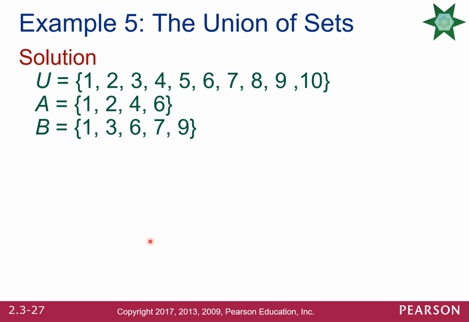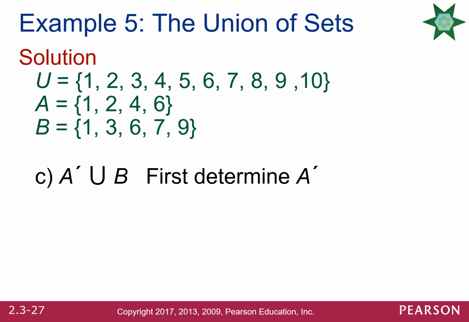Now for part C of the problem, which was A complement union B, we first had to determine what not A was. Again, to remind you, A complement, or the complement of A, is the same as saying not A. That means we have to pick the elements from the universal set which are not in set A, correct?